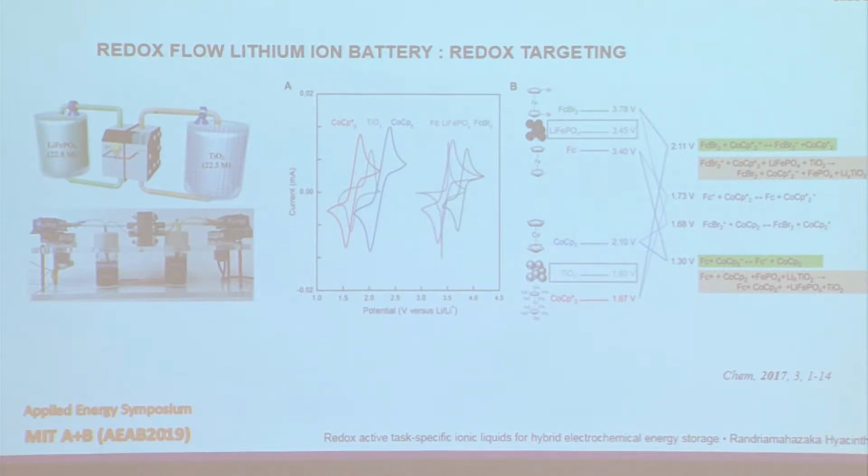And to do this, we use the concept of redox targeting compound system. Basically, it's just a lab scheme. For example, here we use titanium dioxide as anode and lithium iron phosphate as cathode. And the idea is that we need some redox couple that can be used for charging or discharging the materials.